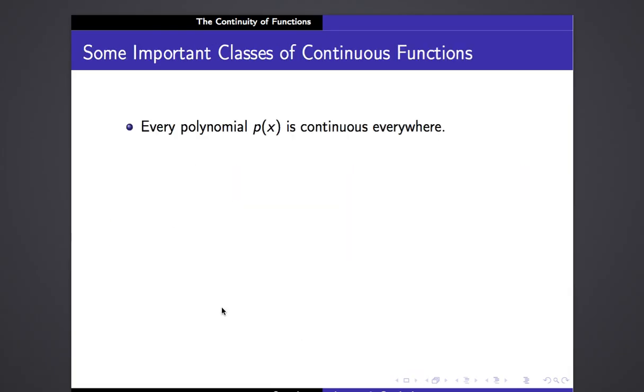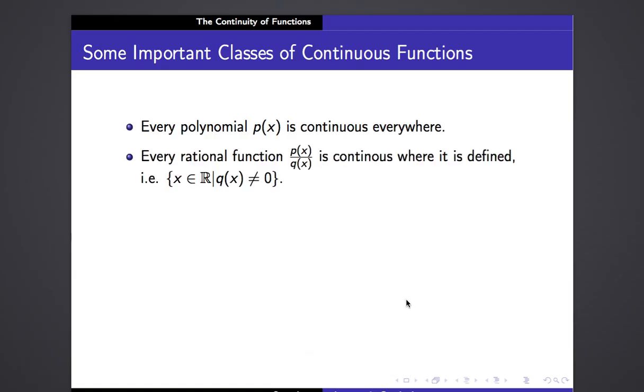Okay, so let us talk next about some important classes of continuous functions. We talked about this already, but every polynomial p of x is continuous everywhere. Everywhere means that for any real number a, p of x is continuous at x equals a, because as we have seen in my earlier lecture, the polynomials satisfy the continuity condition.